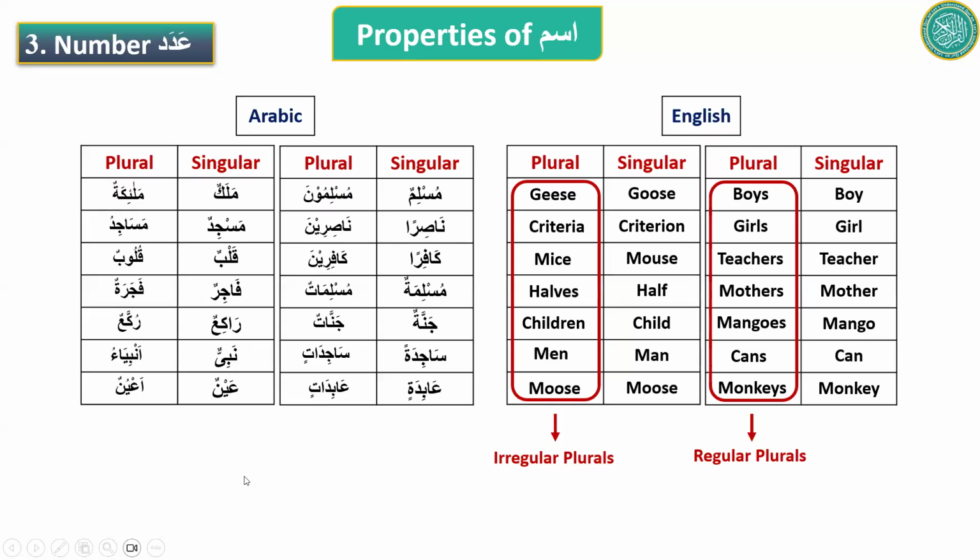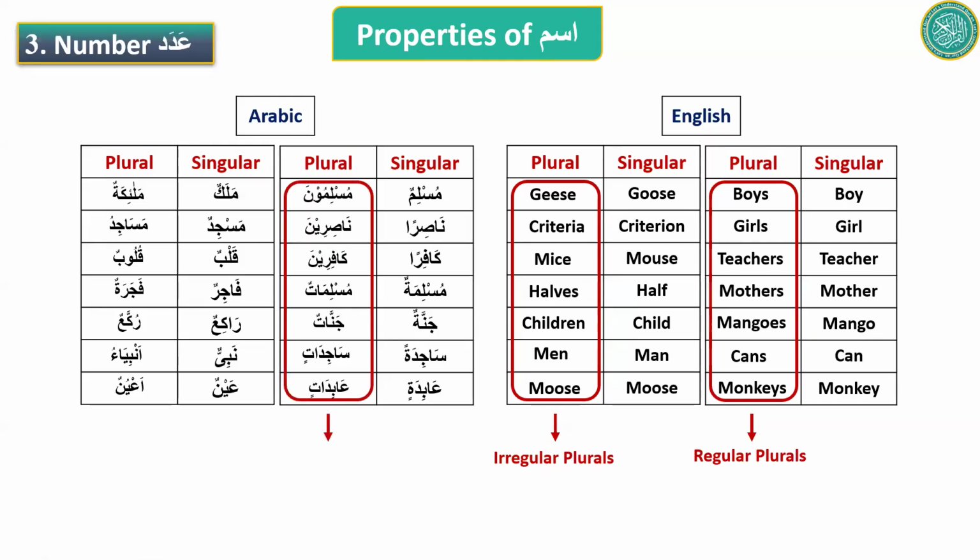So it is very similar to what we saw in the English language. There are words which follow a certain pattern, which is very common, and we call it regular plurals. And then there is a set of words who do not follow any pattern. They are very random with respect to their plurals. We call them irregular plurals. We are going to do the same thing here.